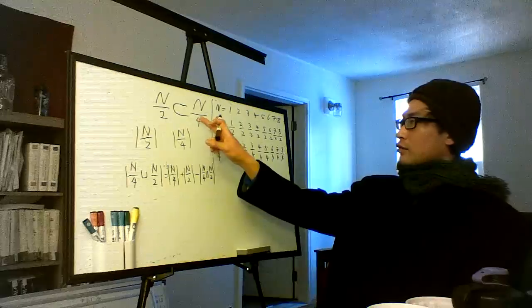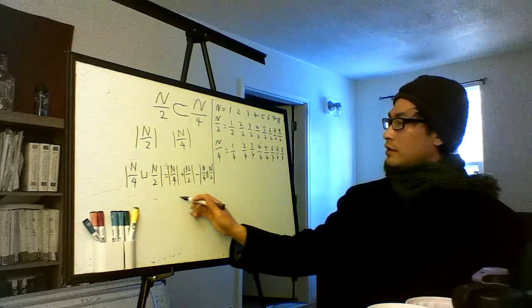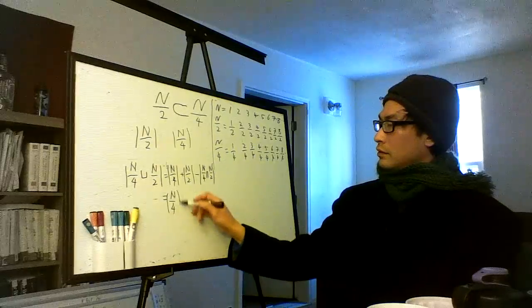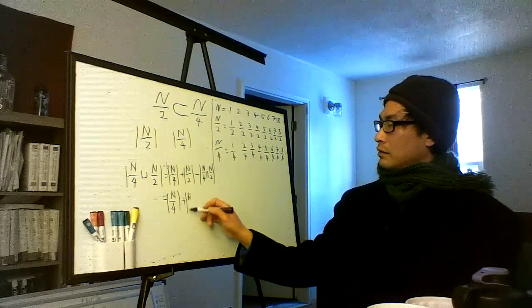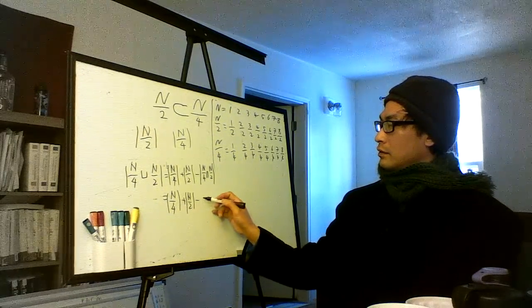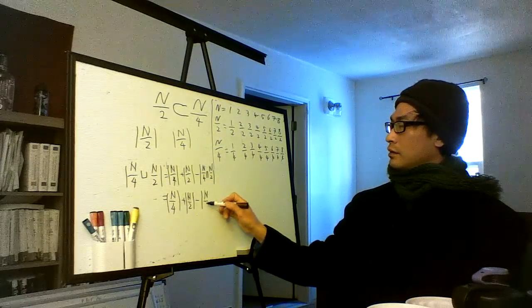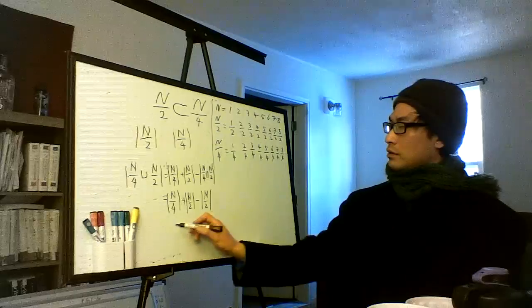And because n over 2 is a subset, the intersection is the smaller set. Cancel out.